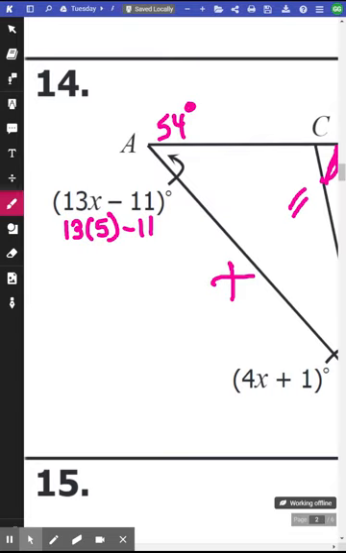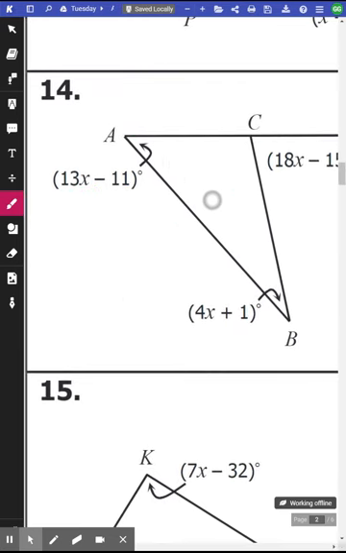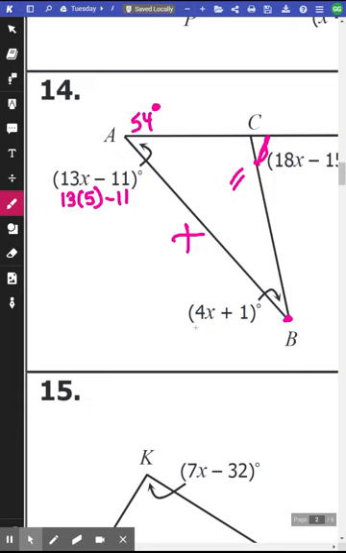The next one is ABC, this one right here. So 4 times 5 plus 1. So this guy is 21 degrees. We're looking at ACB.